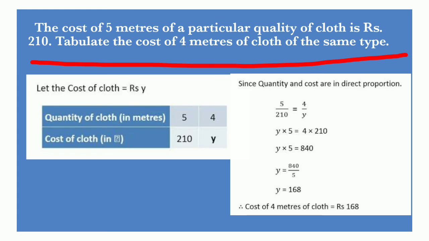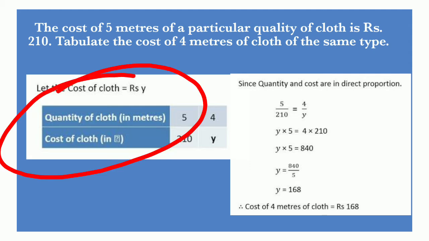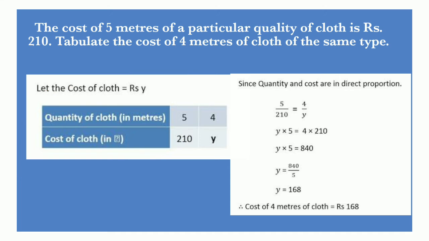Then second question: the cost of 5 meters of a particular quality of cloth is rupees 210. Tabulate the cost of 4 meter of cloth of the same type. The question gives two quantities: the quantity of cloth and the cost of cloth. As the quantity of cloth increases, in the same way the cost of cloth also increases.